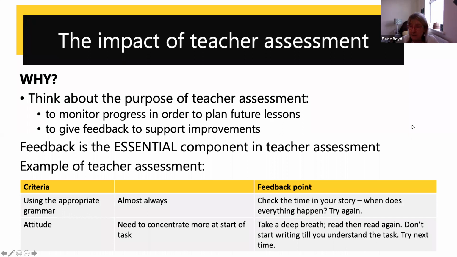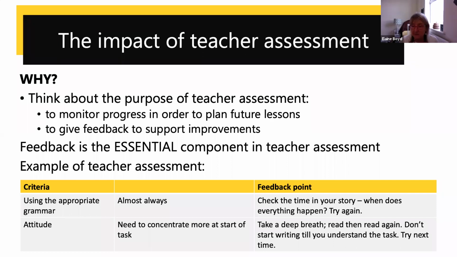So again, here's a little example, let me just move this slightly out of the way. We've got two criteria here, and one of your criteria is using the appropriate grammar. You will have discussed that with them. And your judgment, and we want this to be positive, is not "you didn't do this", it's, what do you need to do more of? So, almost always. And then you give them a feedback point, an improvement point.